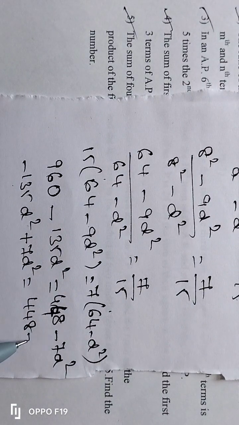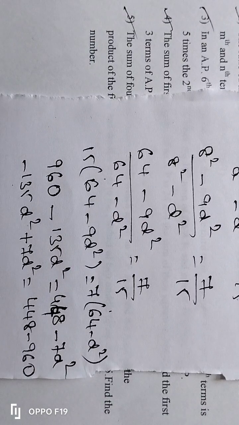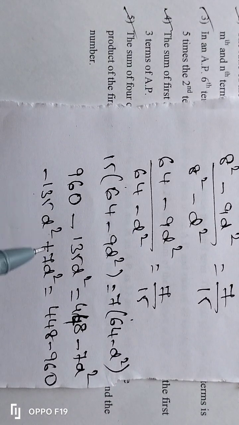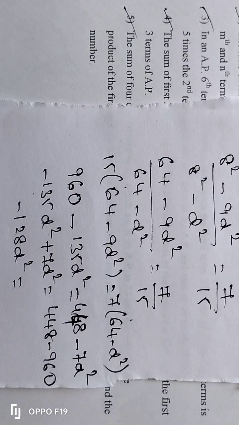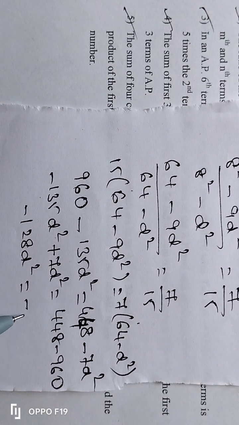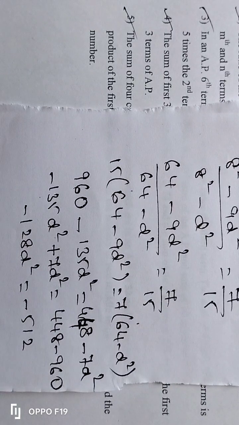If you bring minus 7d square to the left, plus 7d square, it is equal to 448. If you bring plus 960, it will become minus 960. Minus 135 plus 7d square is minus 128d square, which is equal to 448 minus 960. If you subtract, it will be minus 512.